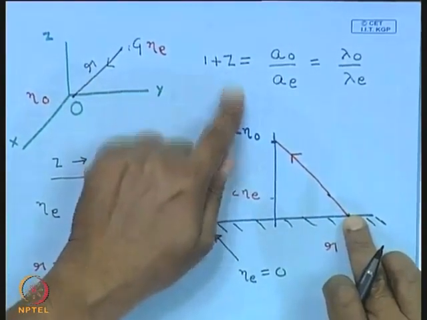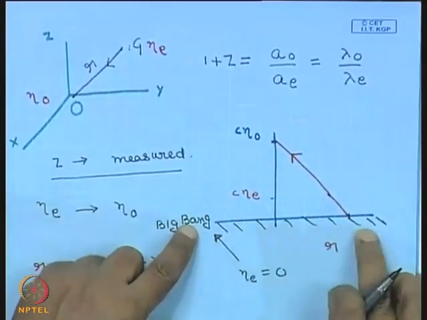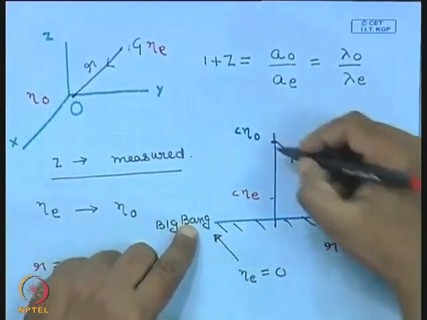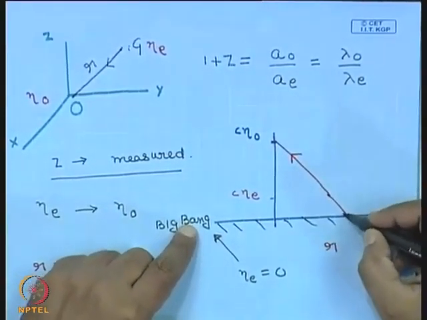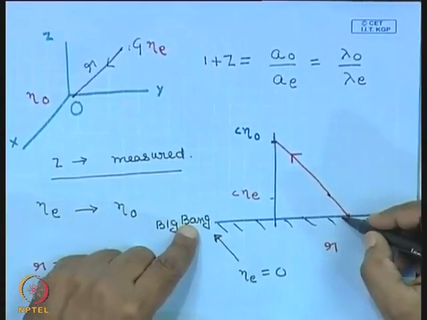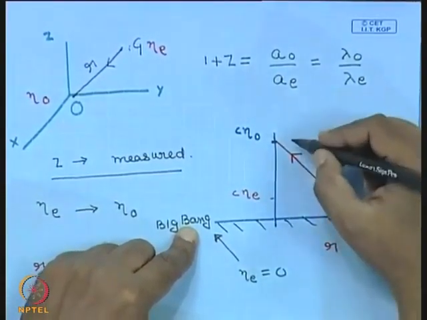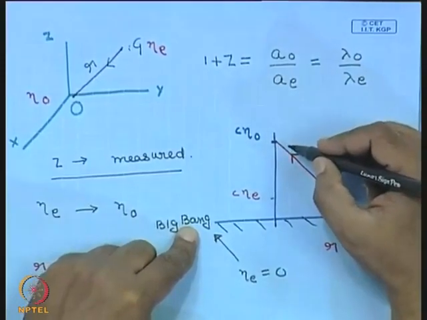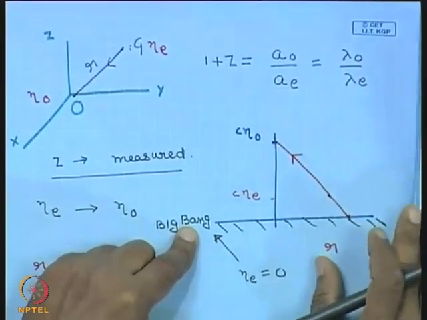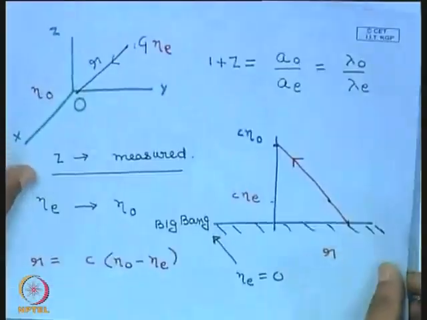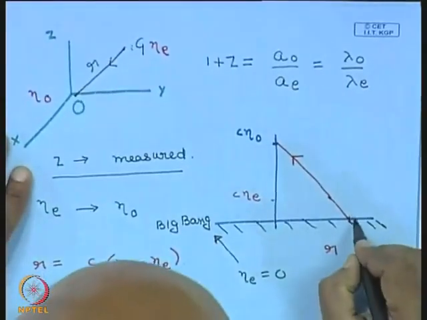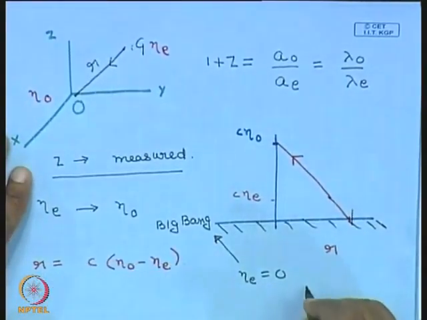So redshift infinity essentially corresponds to the Big Bang, and this is the furthest distance, the distance that a photon emitted at the Big Bang can travel till now, that is the distance 2c by h naught. This distance is called the horizon.